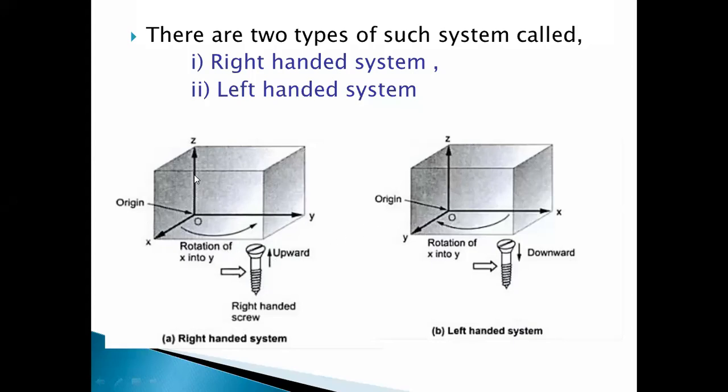In this way, you can draw only the x, y, and z coordinates. Don't try to draw the rectangle. Only draw the x, y, and z coordinates and write down the right-handed system and left-handed system. You can represent only vectors and direction.